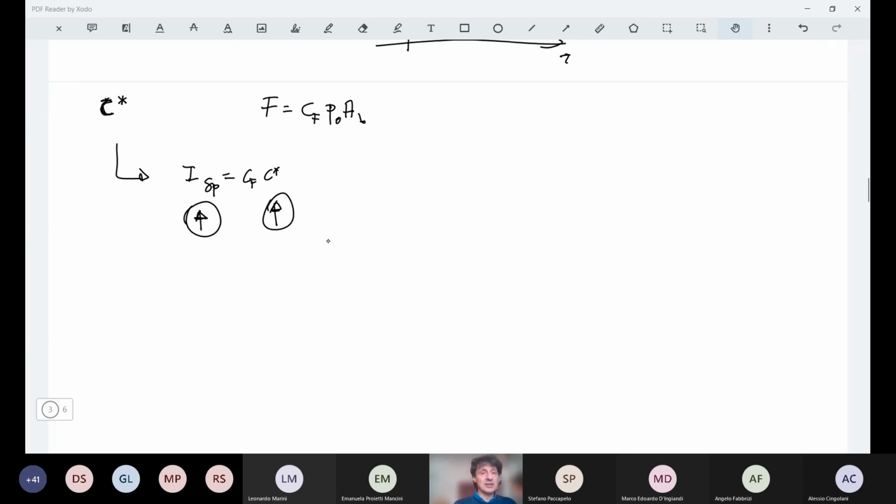So C star leads to the analysis of different kind of thermal rockets. In fact, the difference among thermal rockets is related to the way we achieve the desired value, or the achievable value, of C star.